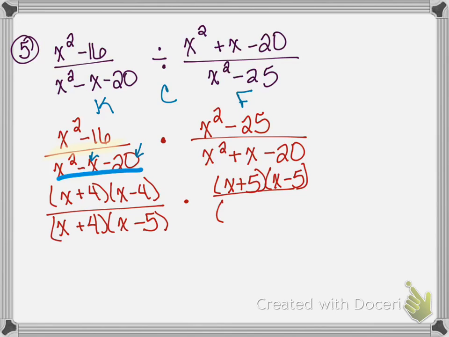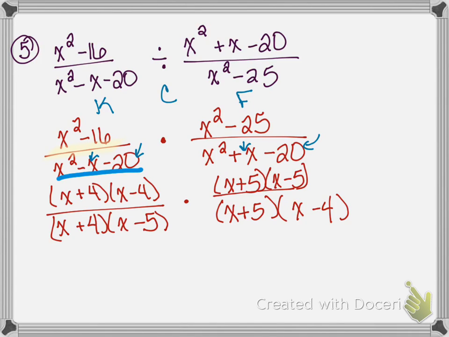I've got a negative product, negative 20, but this time a positive 1. So what will that be? X plus 5 and x minus 4. Good. If it's on the top and the bottom, we cancel it out.